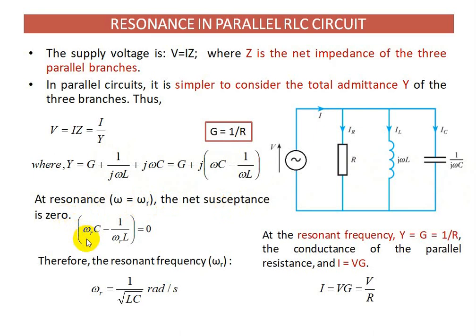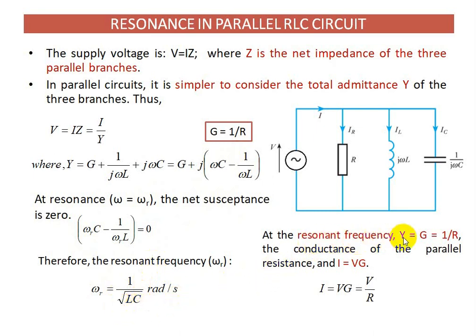So replace omega by omega R, and the susceptance becomes omega R C minus 1 by omega R L. Equate this to 0, and you can get an equation for omega R, which will be equal to 1 by under root LC. This is the equation for resonant frequency, and it is the same as the resonant frequency equation of series RLC circuits.